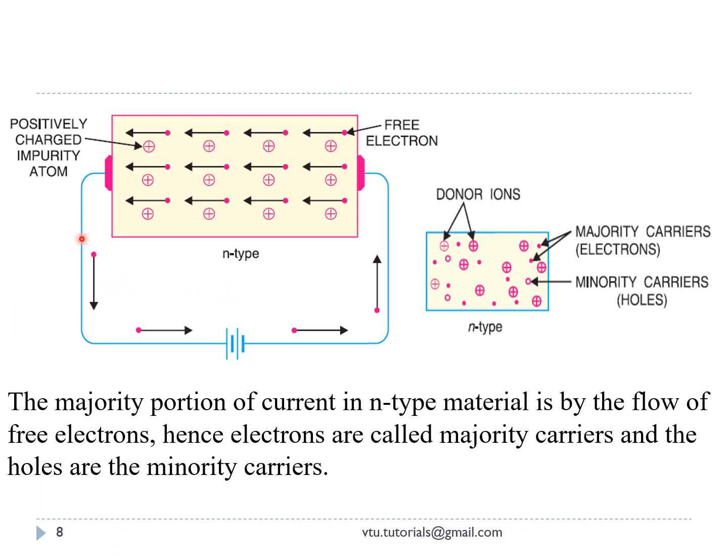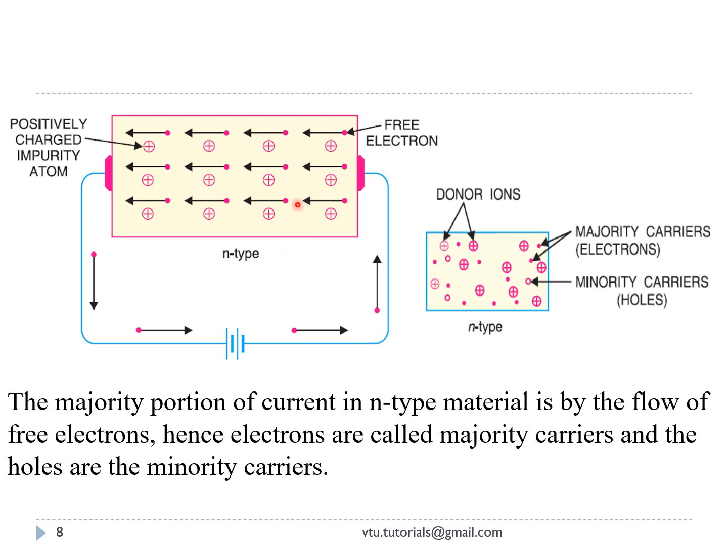When you look at this diagram, the electrons will be attracted towards the positive terminal, and the holes present in the conductor will move towards the negative terminal.